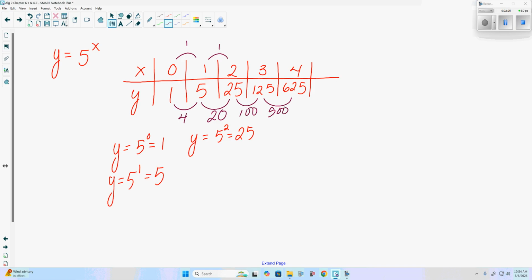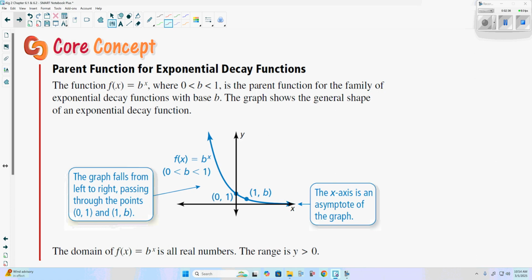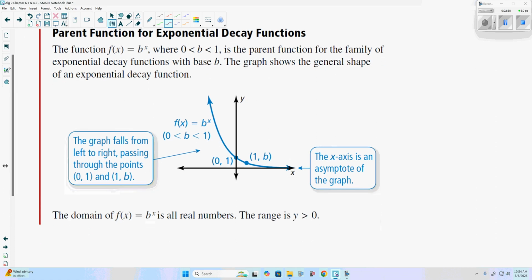So as we see here, it's increasing faster and faster. That's why we call these exponential functions, because it increases exponentially. So if the base is greater than 1, it's going to be an exponential growth. Now when the b value is between 0 and 1, we call it an exponential decay. It's going to decrease from left to right. Questions on this so far?